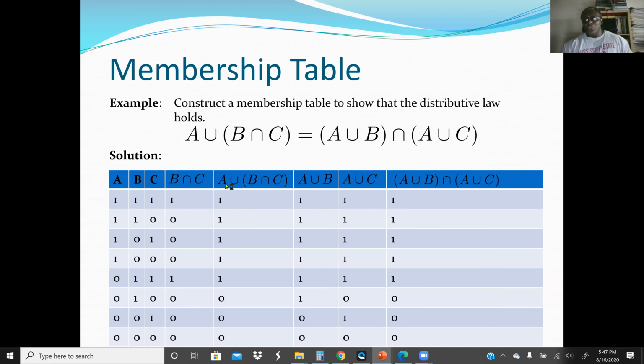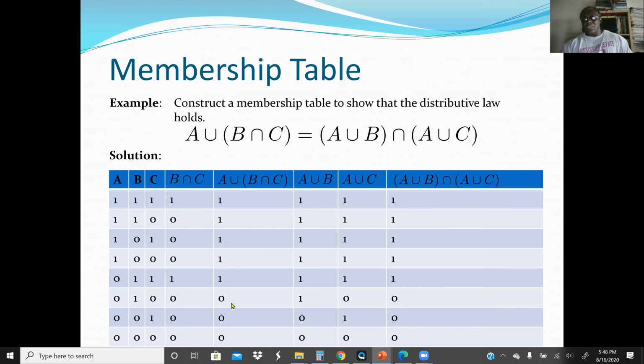If both A union B intersect C and A union B intersect A union C have the same 0s and 1s, then we prove that they are the same.